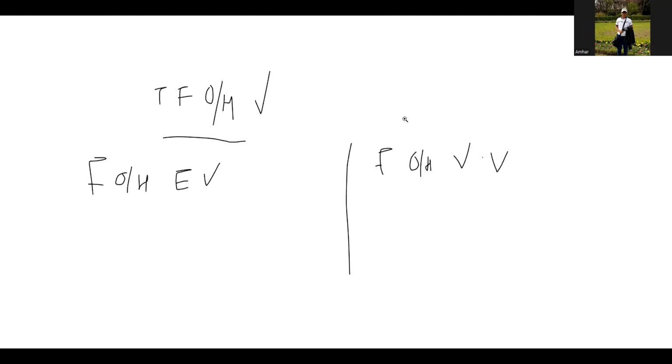So look at this. Okay, total fixed overhead variance. If they ask you to find the fixed overhead expenditure variance, and the answer is, let's say, plus 82, then what you have to put? 82 favorable.